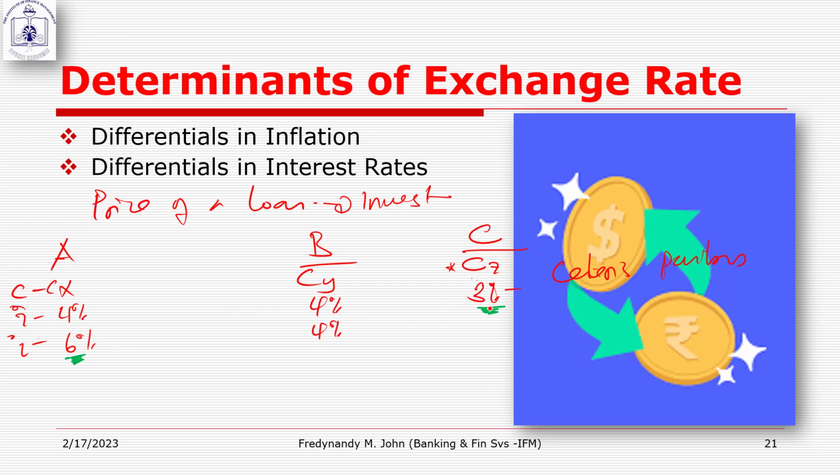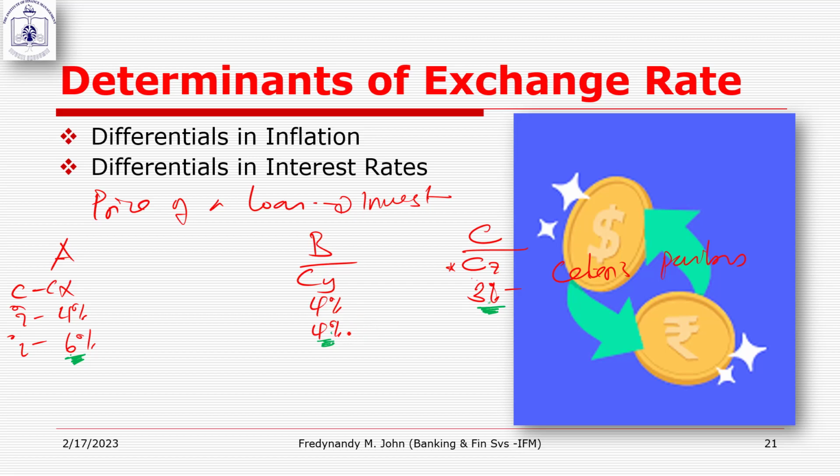If this is the borrowing interest rate and this is the lending interest rate, it means now it is cheaper to borrow in country C and invest in country A. Conversely, it is cheaper to borrow in country C and invest in country B. However, the profit that you earn if you invest in country A and country B with the money from country C is different.